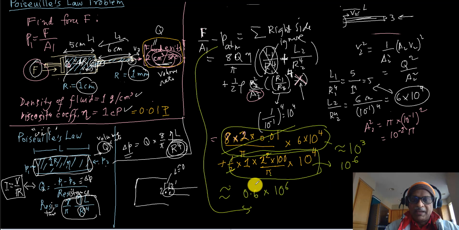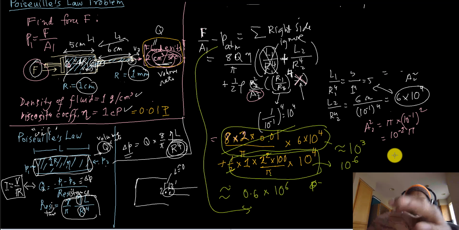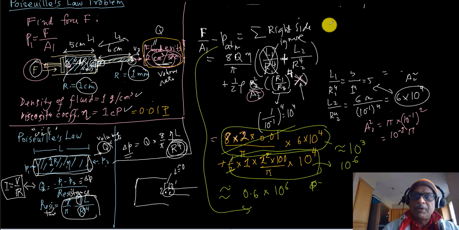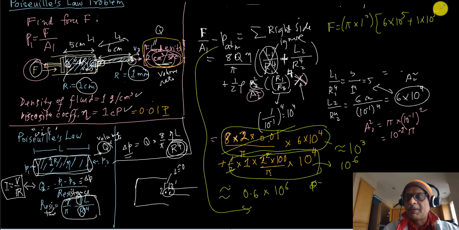And now we add atmospheric pressure to it. So F equals pi times 1 centimeter square times 6 times 10 to the 5, and P atmospheric is 1 times 10 to the power 5, and so roughly 2 times 10 to the 6.